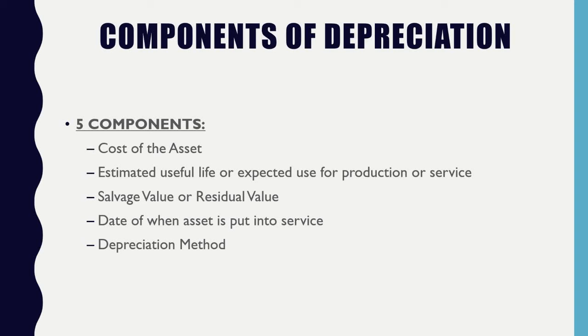Those words are interchangeable. We're definitely going to be taking a look at the date that you place into service, and the depreciation method, which in fact is going to be double declining, also known as accelerated depreciation.